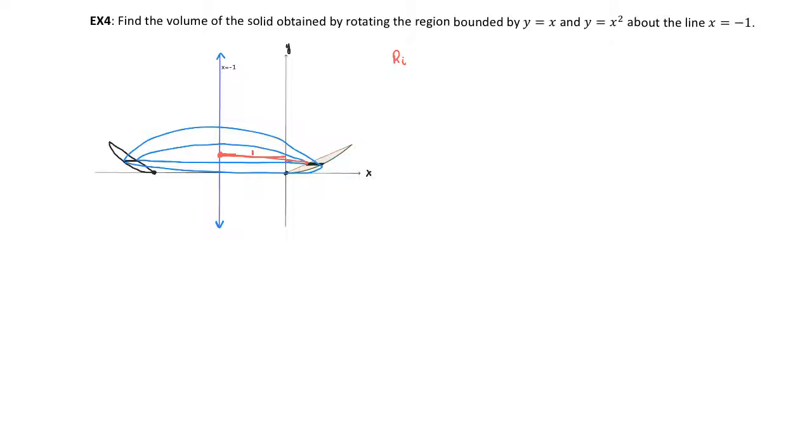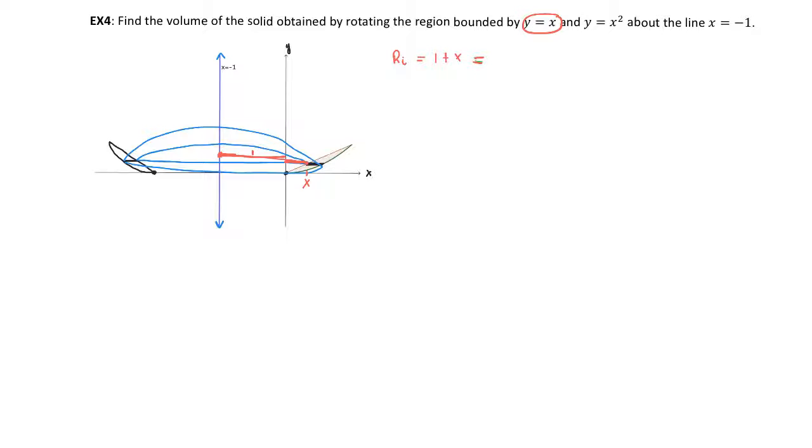And then we're going to go a little bit more. That's going to be x. So r sub I will be 1 plus x. And because we are integrating here with respect to y, and since x is equal to y, then I can replace x with y, right?